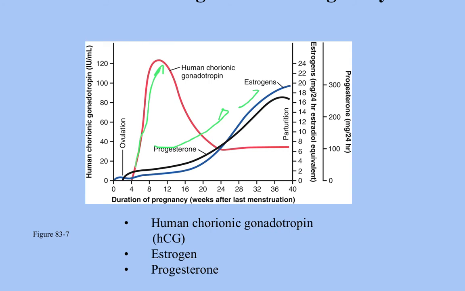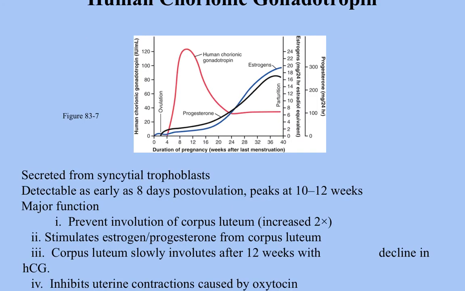And when the ratio of estrogen to progesterone reaches a certain level, that is actually thought to be the trigger for parturition. All right, so everything on this slide is basically the same thing that I said on the previous slide, only it gives you some more specific numbers associated with that.